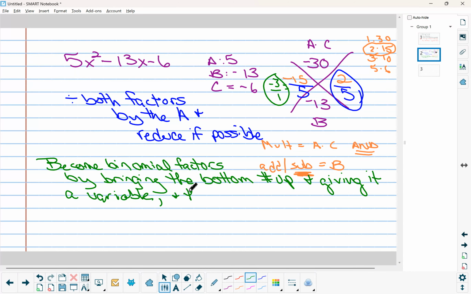And the top number becomes the constant. So here's what I mean by that.